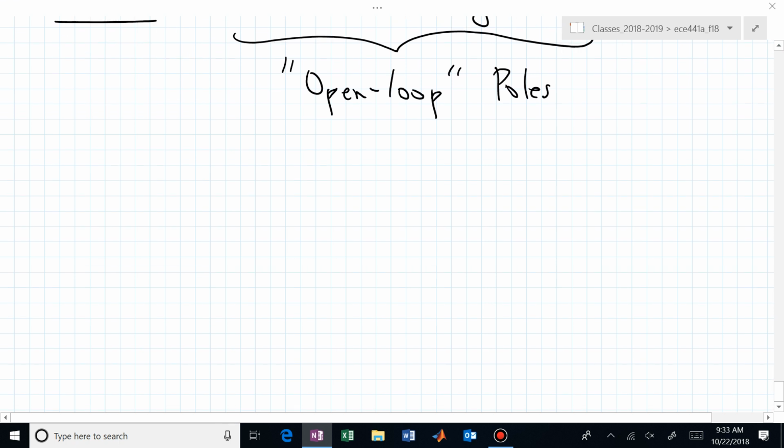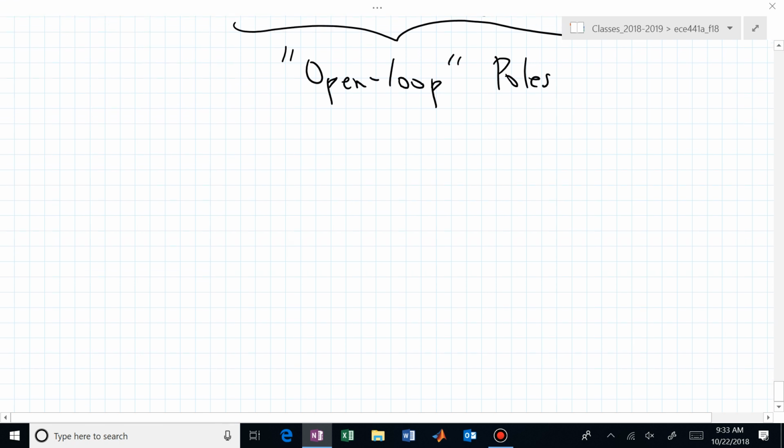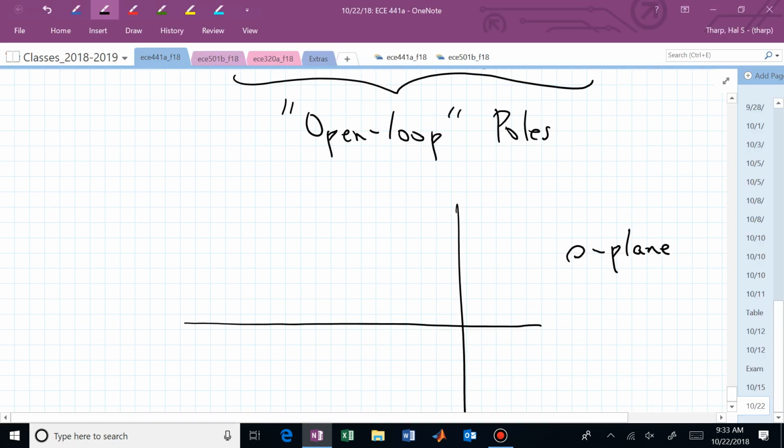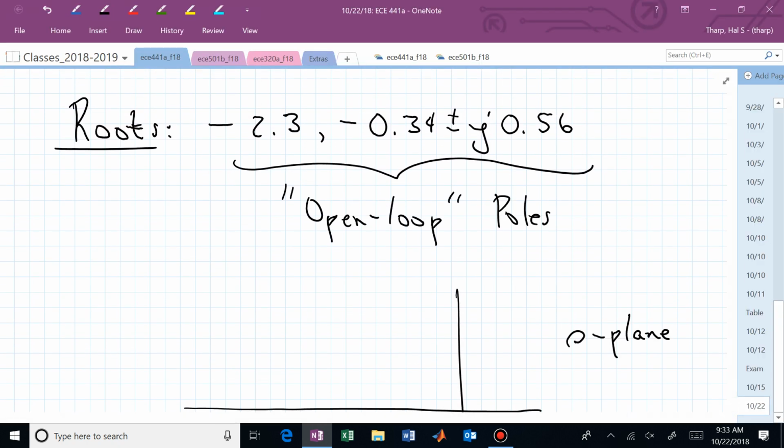Again, this is homecoming week, so we need to be comfortable with x's and o's. Where are the x's in our complex s-plane? Our x's are going to be where these open loop poles are.